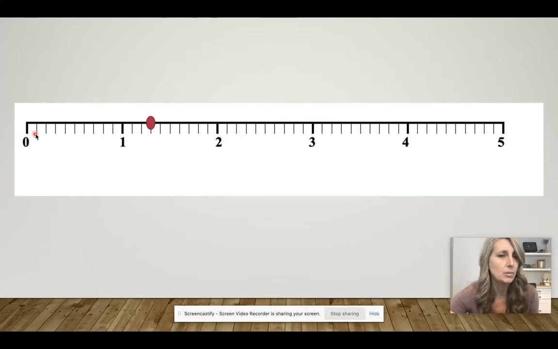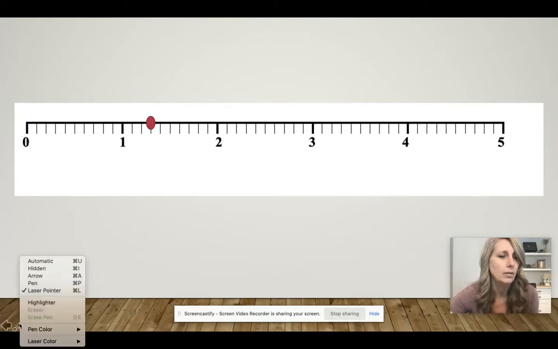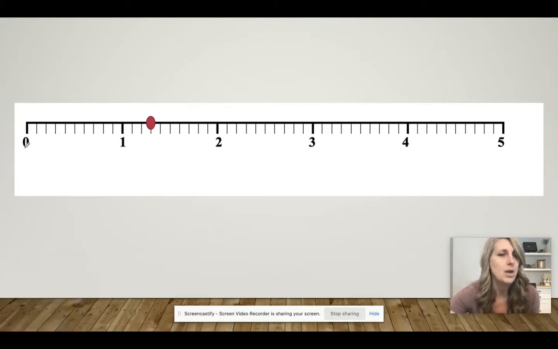So these represent tenths. We've got 1 full meter and 1/10, 2 tenths, 3 tenths.